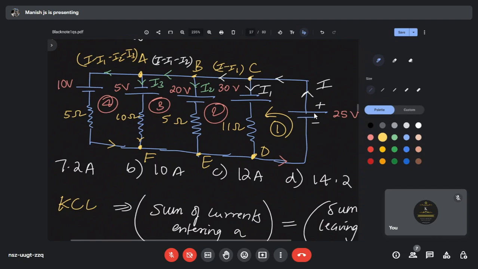So who has found out value of I2? Yeah, do it. And then get me the answer. நம்ம verify பண்ணிக்கலாம்.